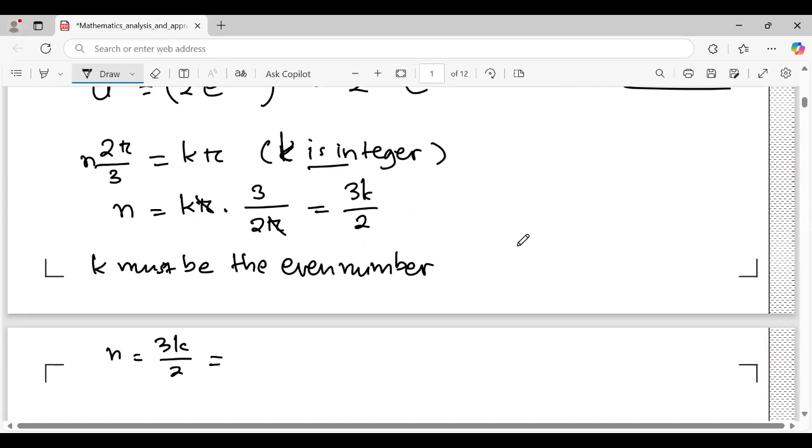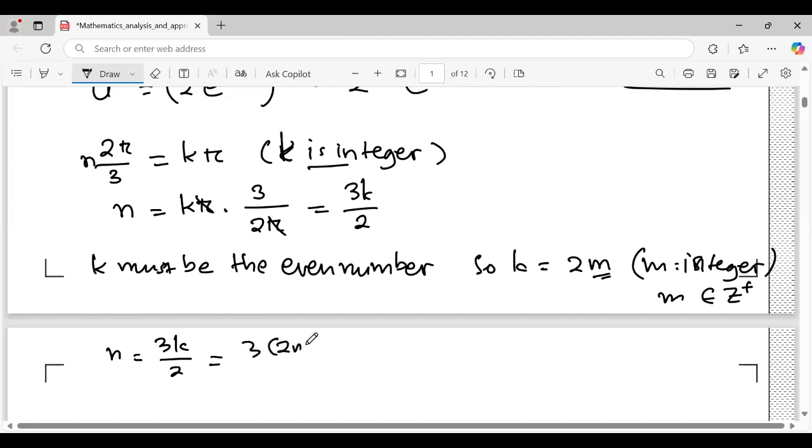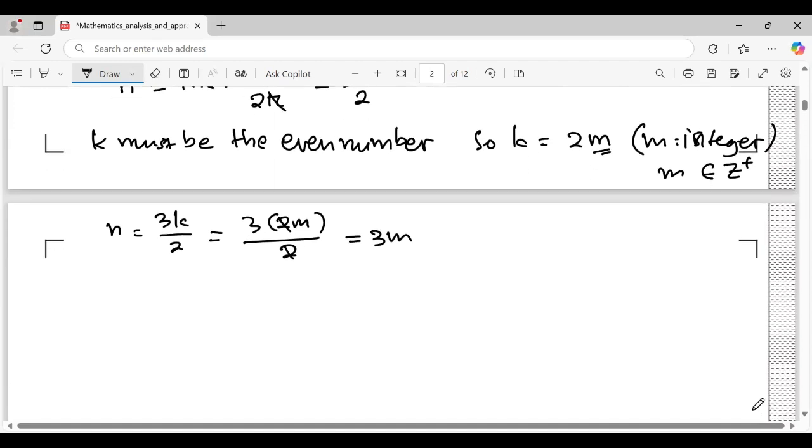If k is even, so k equals 2m, where m is an integer, m element of Z. So it becomes 3 times 2m over 2, which is 3m. For the smallest value of n, m should be equal to 1, the smallest positive integer.